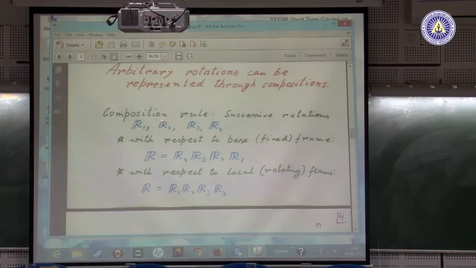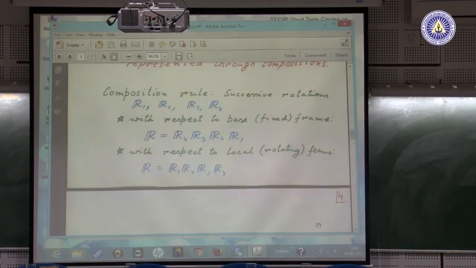On the other hand, if the frame of reference in which all the things are expressed is fixed to the body that is rotating, then you can show that it turns out to be exactly the other way around. Okay. So, this is the composition rule for rotation matrices. All these things you have seen already.